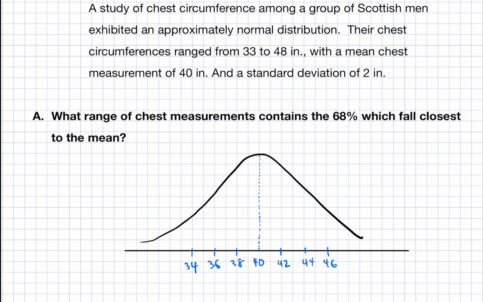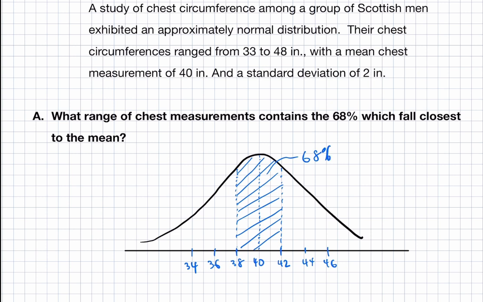Well, based on the earlier example, we know that the first standard deviation would be from about 38 to 42, and we know that approximately 68% fall in this range.